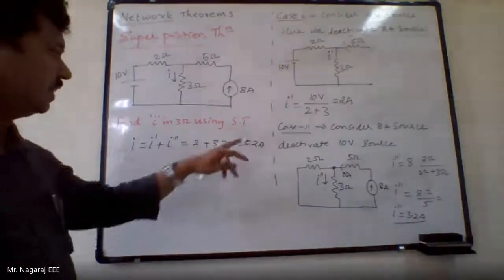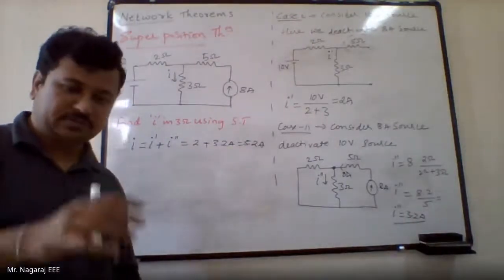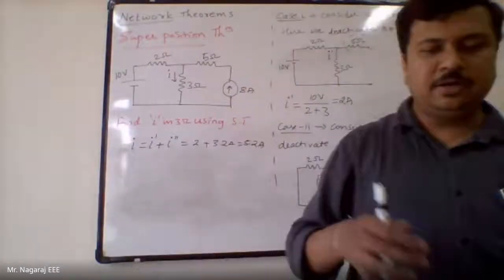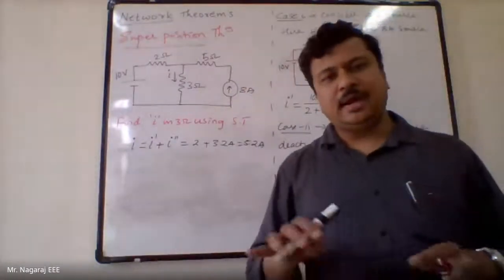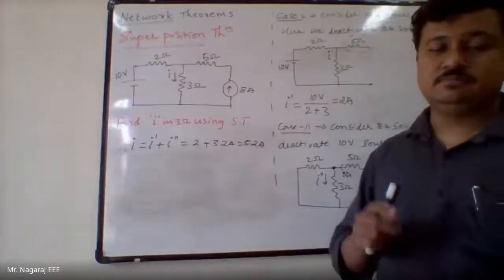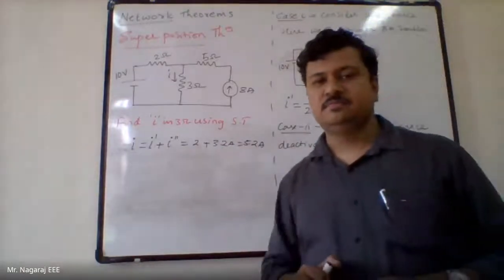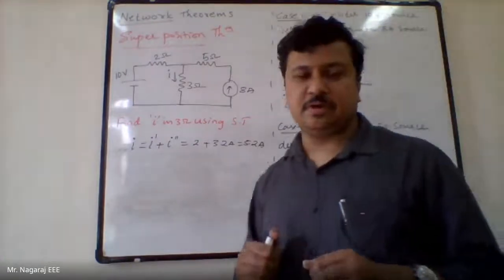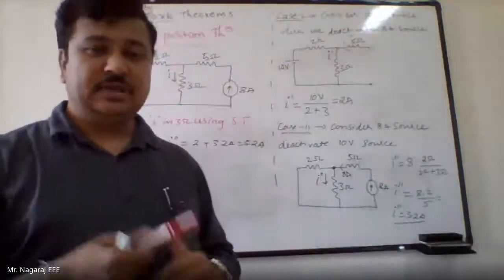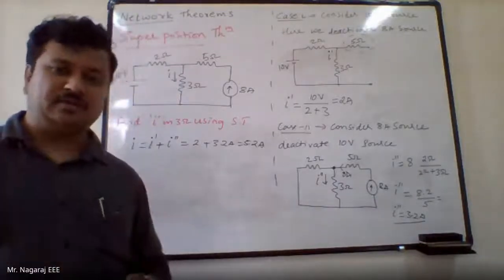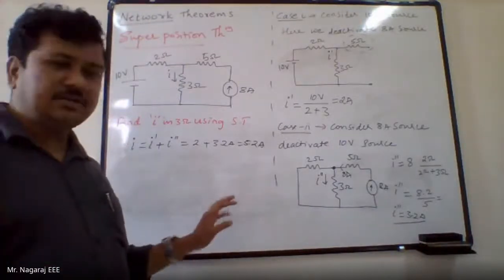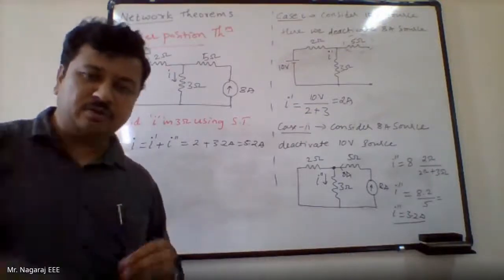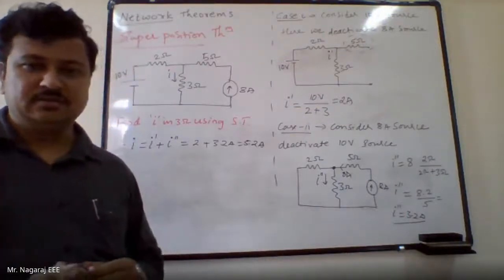Now, how to believe this is correct? Somebody stated the superposition theorem. I believed that person and applied it to my circuit. Where is the verification? How to verify this? Theoretically, the statement says it can be done. One example we looked into and we did it.